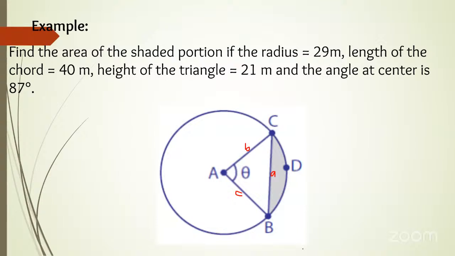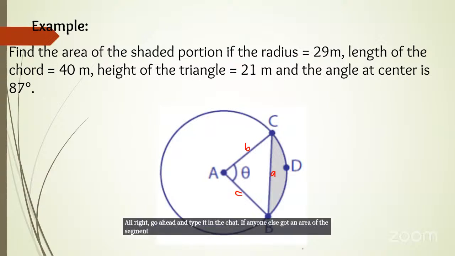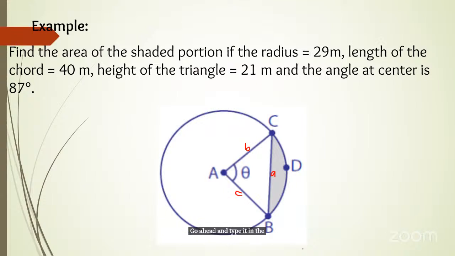Miss, I got the area of the segment. All right, go ahead and type it in the chat. If anyone else got the area of the segment, go ahead and type it in the chat for me. And then you can put your final answers.